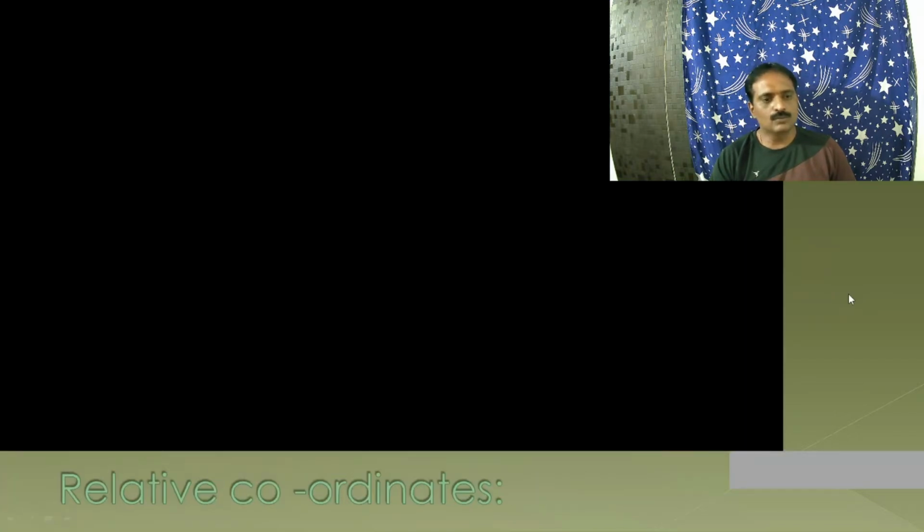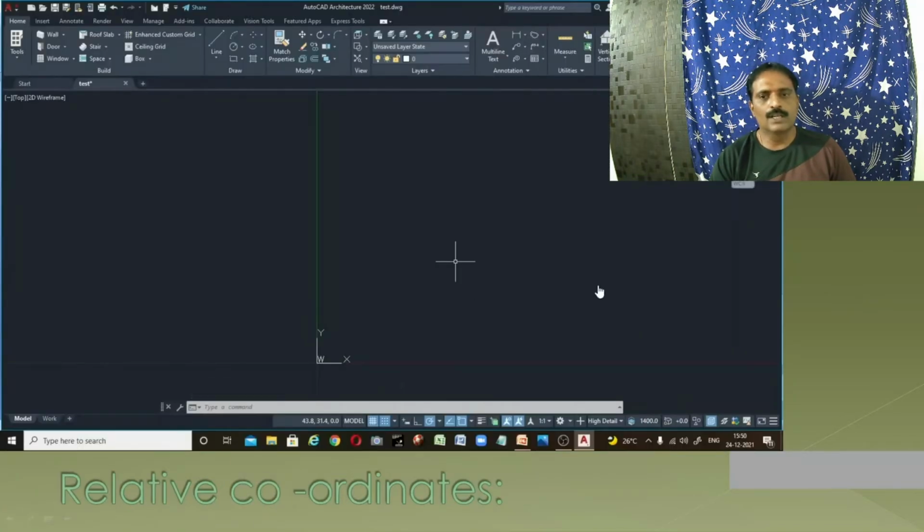Now let us move on to the relative coordinate system, which is very useful to us. In relative coordinates, the origin is shifted to the next point. The format used here is at the rate of the coordinates x, y and z.